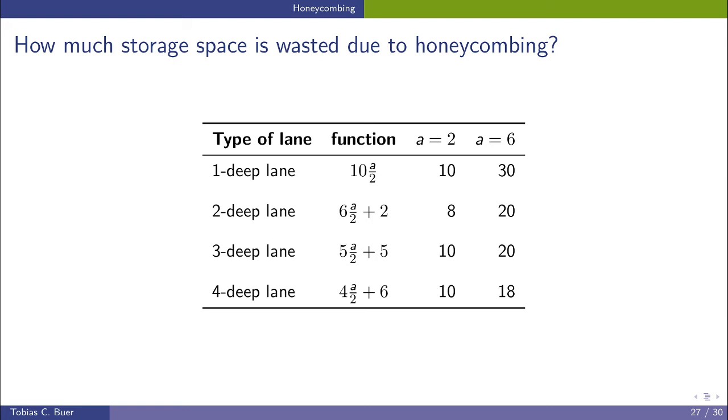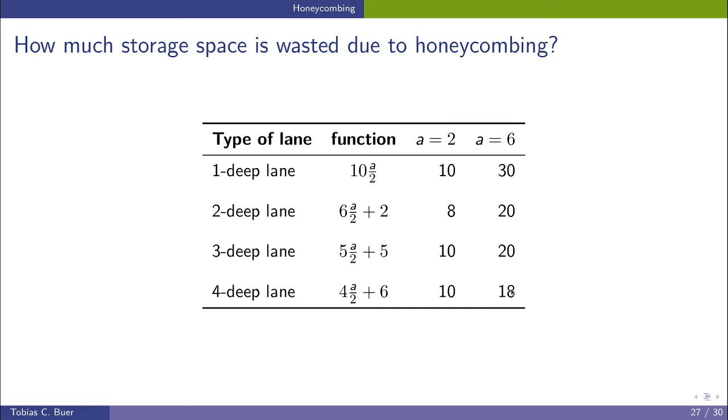So if I substitute A by 2 for the 1 deep case, then I get to the number 10, and if I substitute A by 6 I get to 30, because 10 times 6 over 2 is 30. I repeat this for the other functions as well. For example, for the 4 deep lane and A equals 6, I calculate 4 times 6 over 2 plus 6, which is 18.